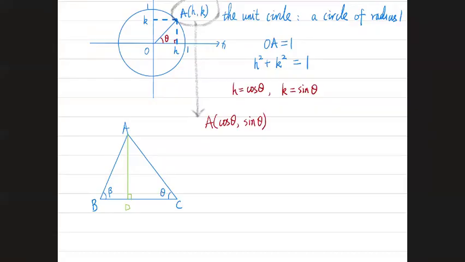Let me ask you, how do you find this height AD using angle beta and AB? I claim AD is AB times sine beta.